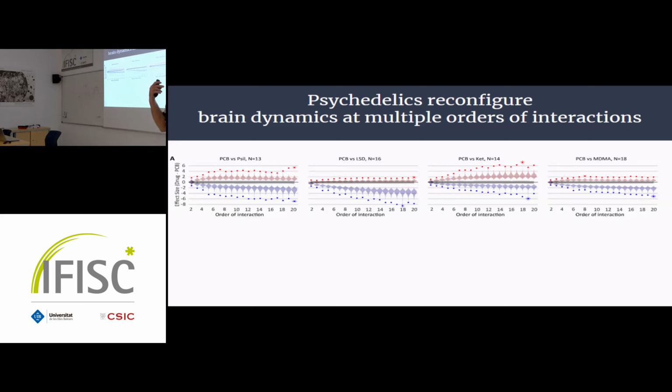We also looked at the areas most involved in the hyper- and hypoconnectivity, and they match pretty well what we already know about the structural and functional changes in the brain. So it was reassuring to see that the brain regions we were finding were related to the knowledge that we already have.